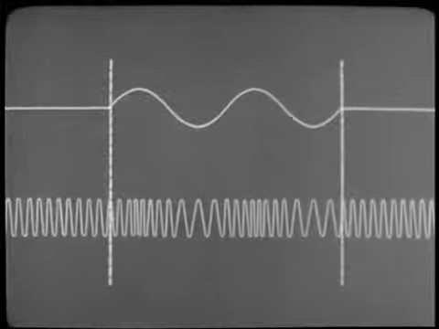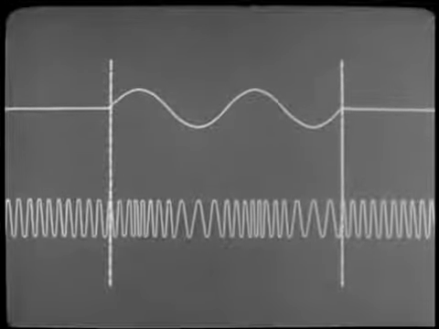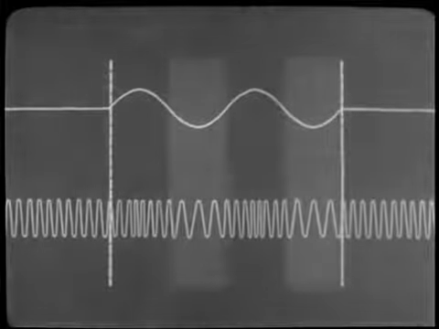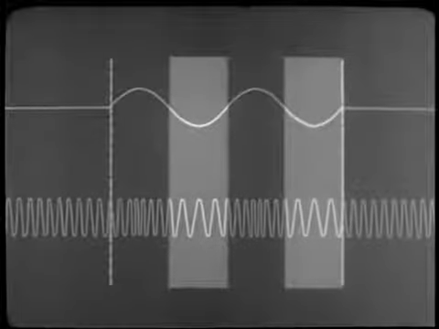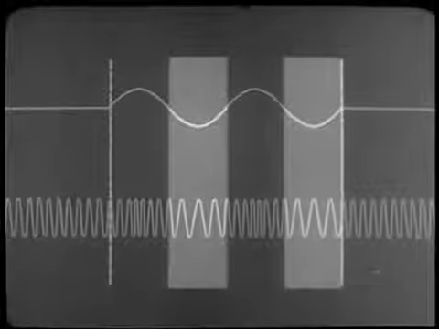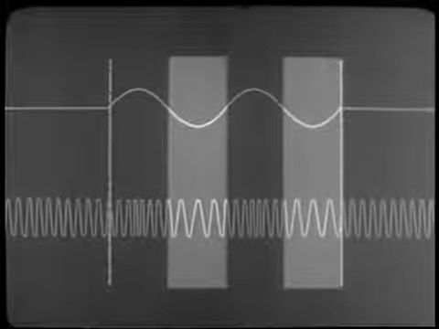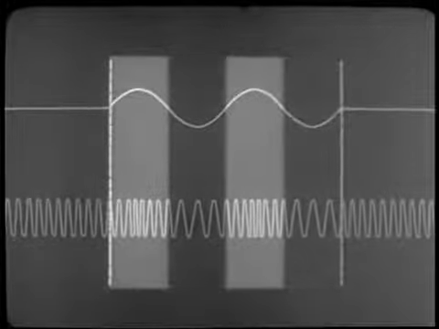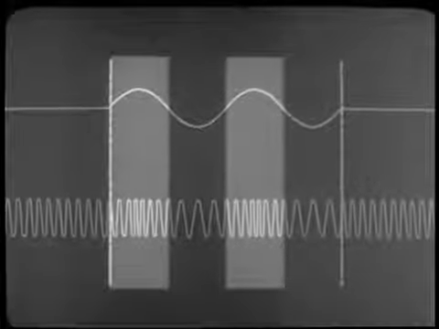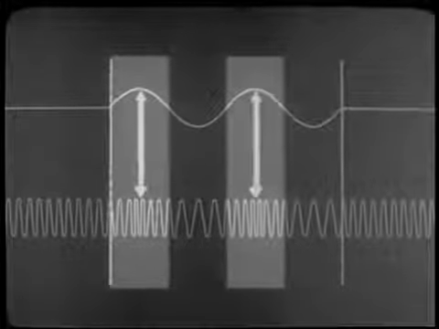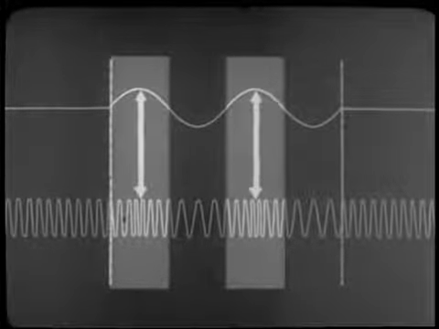Now let's see what this has done to the carrier. As before, the carrier responded to the amplitude of the negative half cycle by dropping below rest frequency. And the carrier responded to the amplitude of the positive half cycles by rising above rest frequency. Thus, the carrier has moved above rest frequency twice as often in the same interval of time.